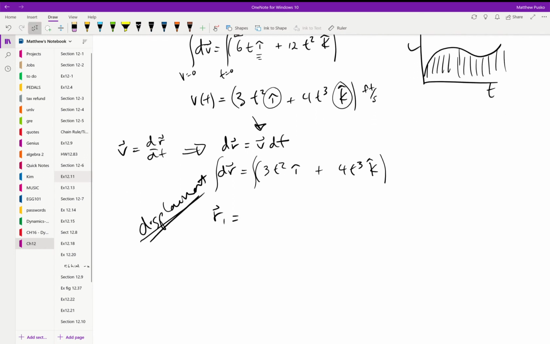Okay, integrating this will give me t to the third in the i direction and t to the fourth in the k direction. I'm going to find the position, it's going to be equal to r0 plus however much it was displaced, and we'll evaluate that at t is equal to 1 second.